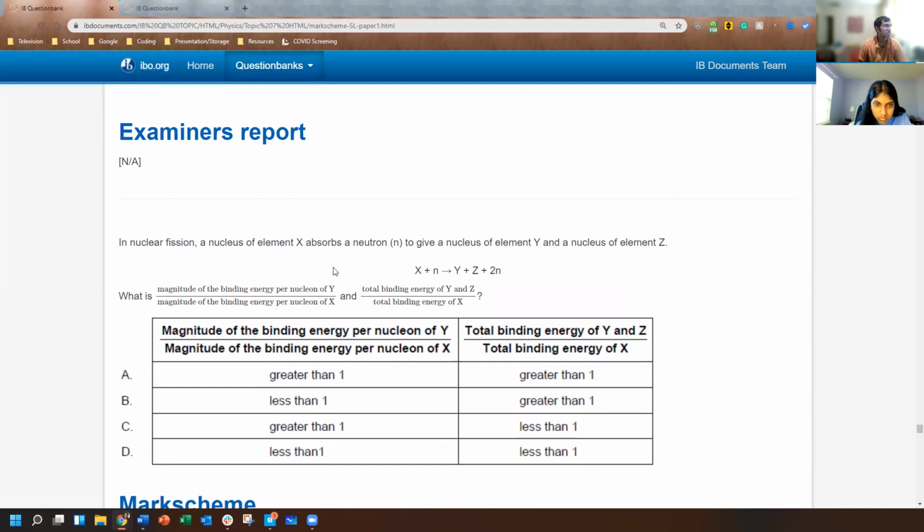Magnitude of binding energy per nucleon of Y over that of X. Total binding energy of Y and Z over total binding energy of X. Well, these have to be more stable, right? Y and Z have to be more stable than X. So Y over X should be greater than 1, right? Because this is more stable.